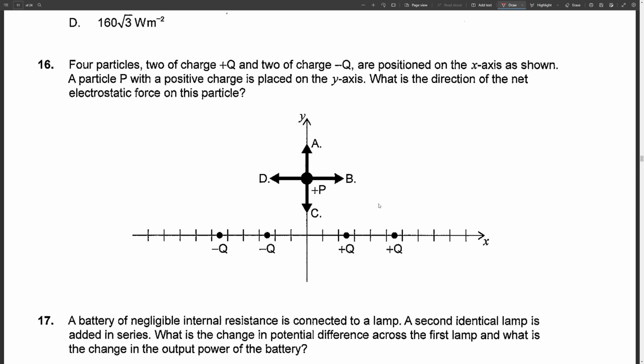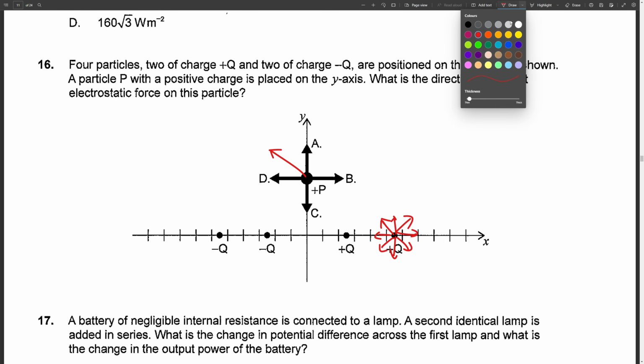Question 16, we have 4 different charges going along the line of the x-axis, and they are creating their own electric field. For instance, a positive charge should create a positive outward electric field. And this outward electric field would extend and hit the position of P. We will do the same for all different charges.